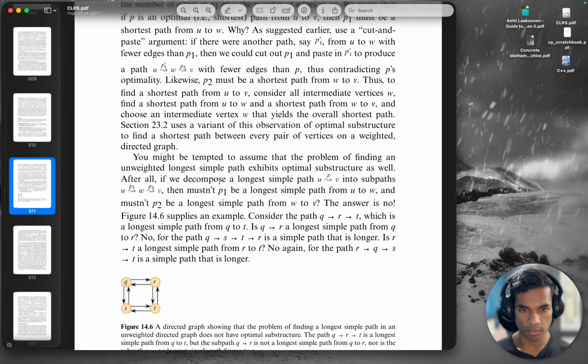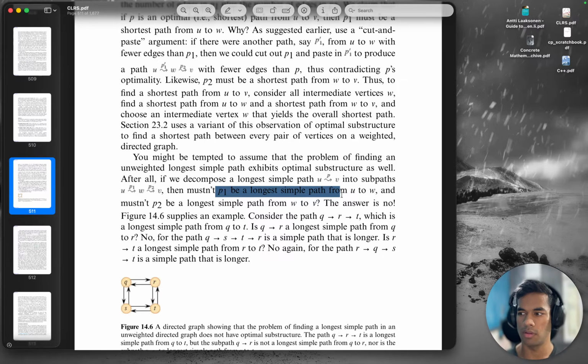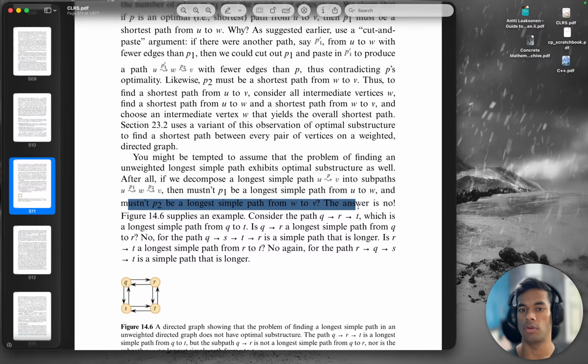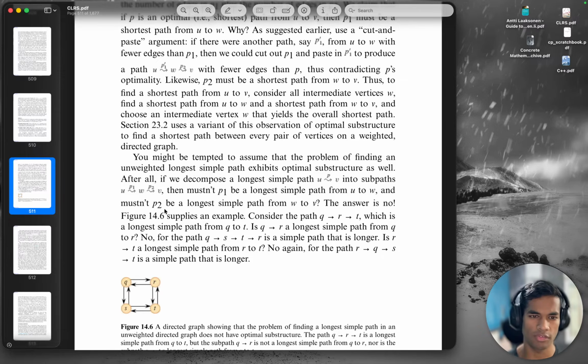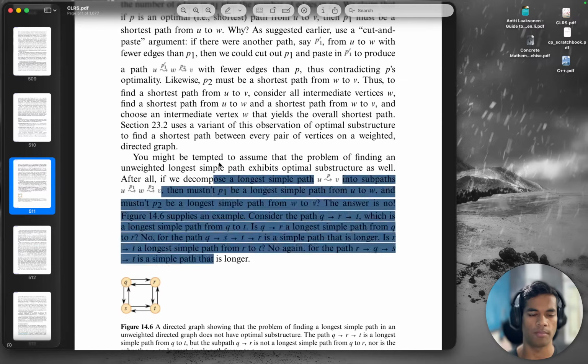After all, if we decompose a longest path into two subpaths, P1 plus P2, then mustn't P1 be the longest simple path from U to W, and mustn't P2 be a longest path from W to V? The answer is no, because they might be overlapping. Figure 14.6 supplies an example.